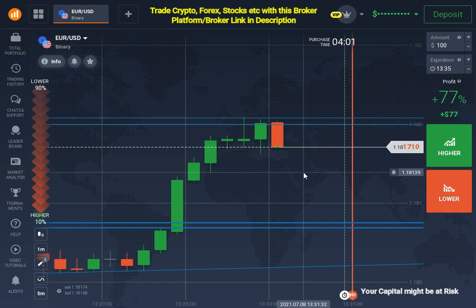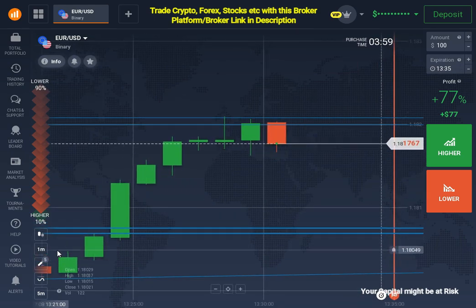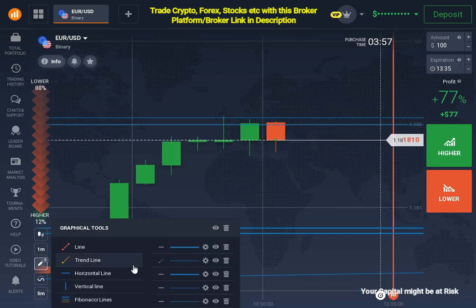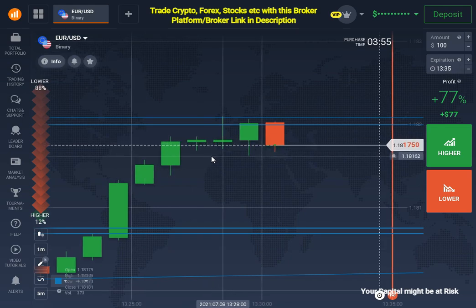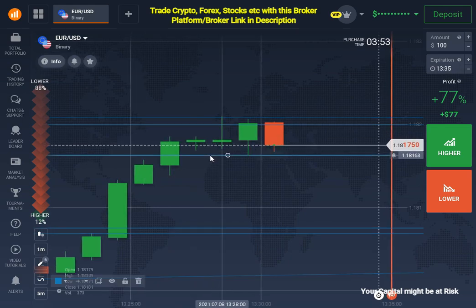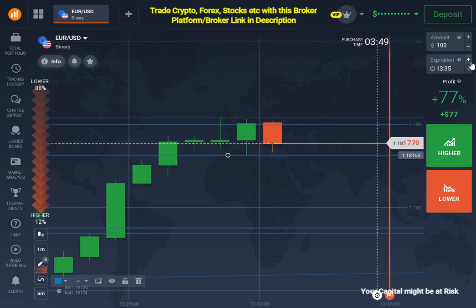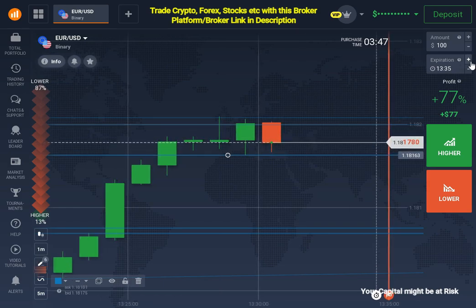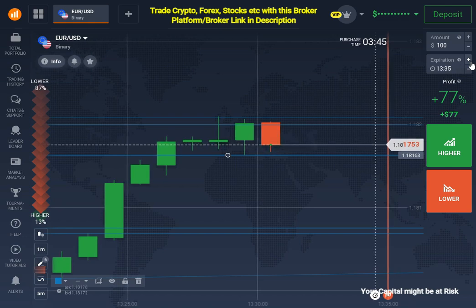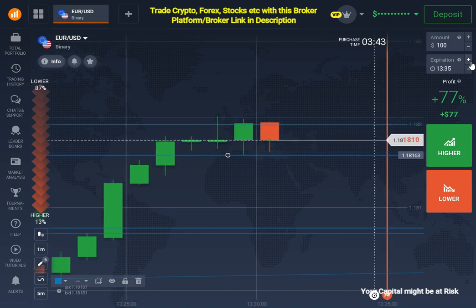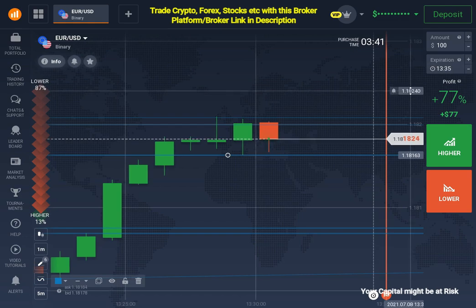So let's wait, and I will draw a level of support here. This is the recent support, and it is going to be the exact trade which I took in my second last video. Actually, this will be the same setup.